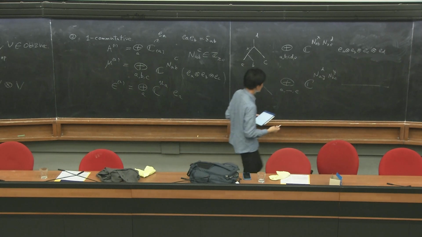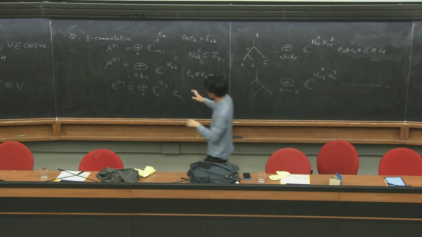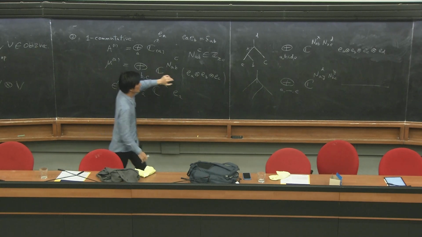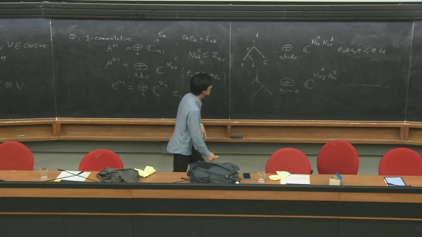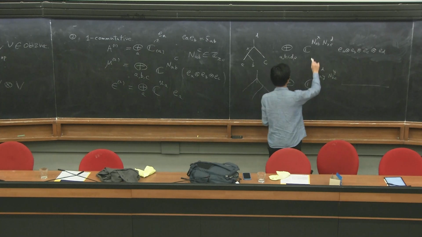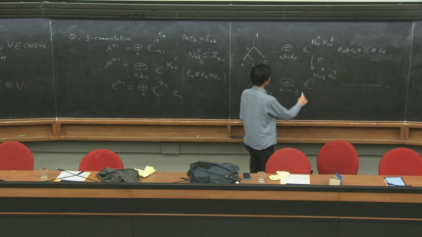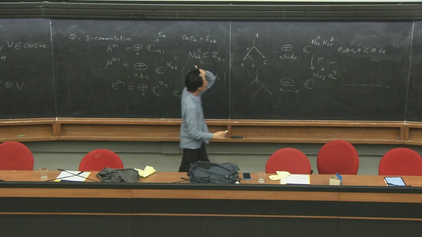Of course we have to remember to give a basis here, and this factor and this factor have some inherent basis. And F is basically a map from this thing to that thing, and this is an invertible linear map.